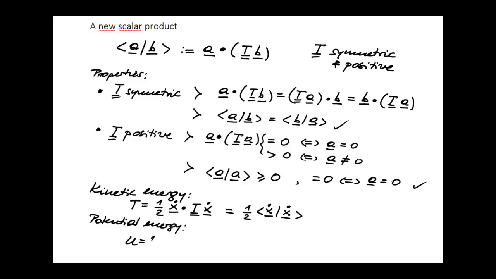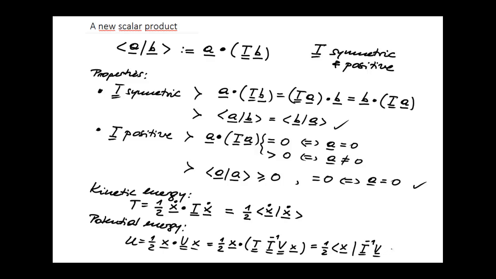We wrote that as 1/2 vector x ordinary scalar product with matrix V acting on x. What we can do is simply insert a unit matrix in the form T minus 1 T acting on V acting on x. So in terms of the new scalar product, this is 1/2 the new scalar product of x with T inverse V acting on x.